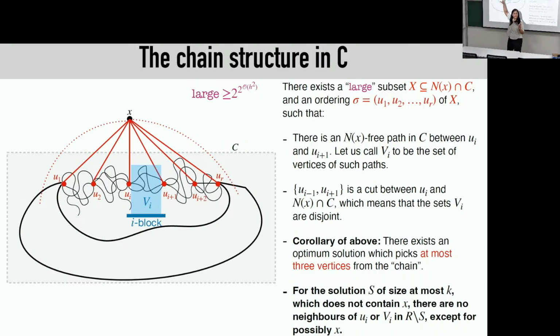The chain cannot have neighbors to anything at the top, the R set, anything else except for S, X maybe. So it can have neighbors in X maybe, but nothing else. And again, I can tell you how you do this.